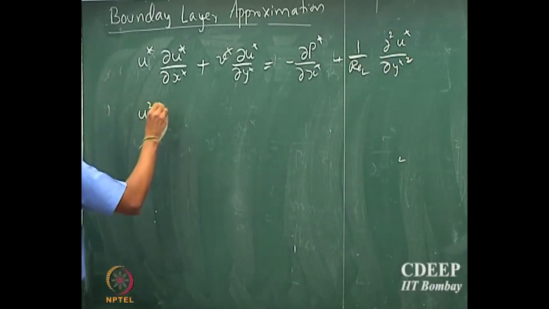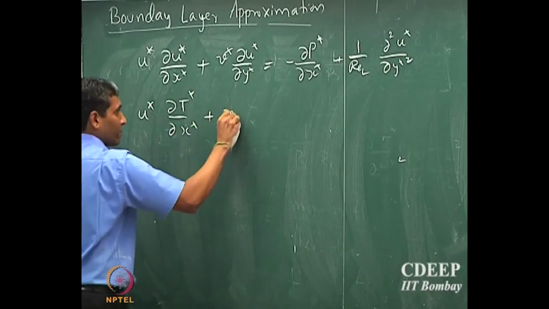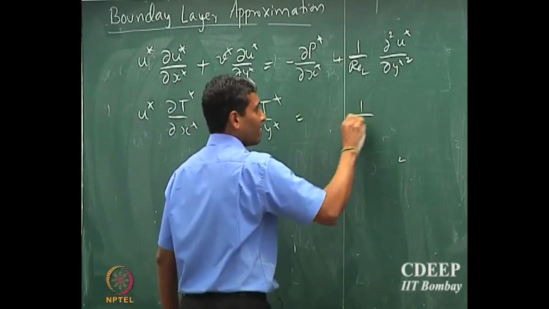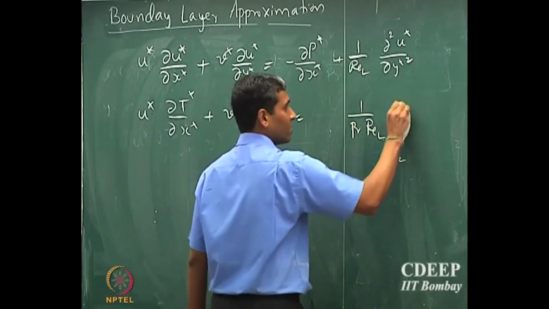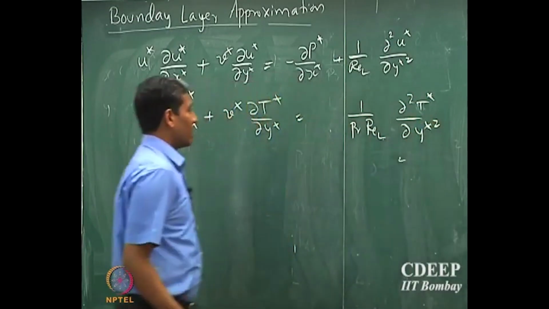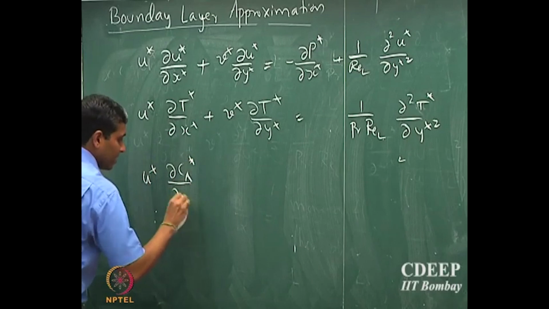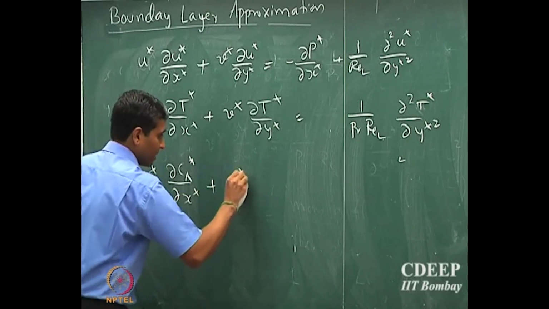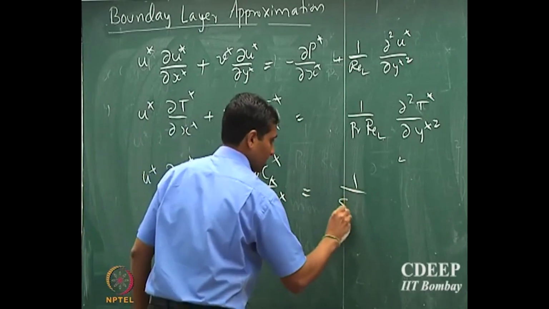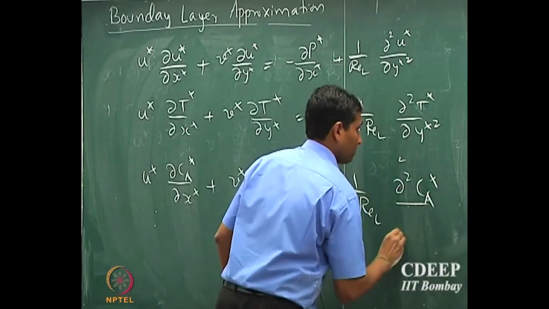And the energy balance is u star dT star by dx star plus v star dT star by dy star, that is equal to 1 by Prandtl into Reynolds number, d square T star by dy star square, and you have u star dCA star by dx star plus v star dCA star by dy star equal to 1 by Schmidt into Reynolds number, d square CA star by dy star square.